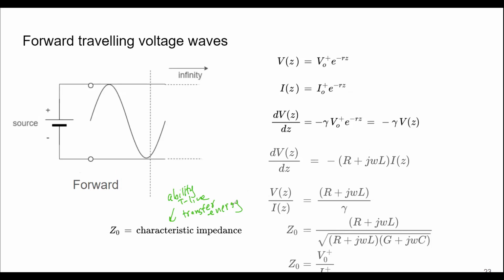If the impedance is high, that means the ability for transmission of energy is low. And if the impedance is low, that means the ability to transfer energy is high.